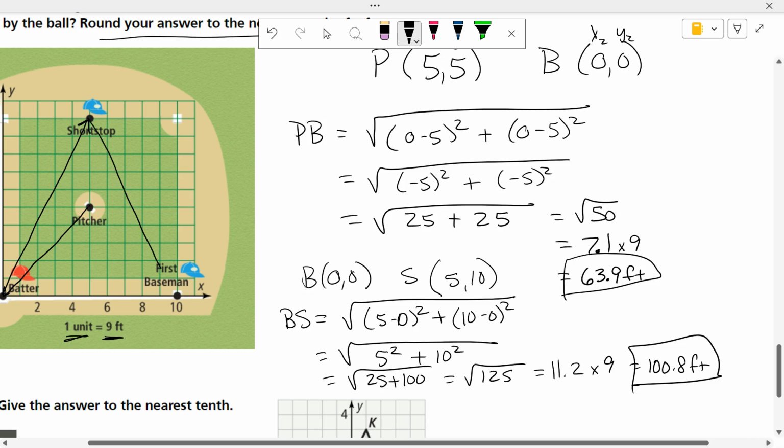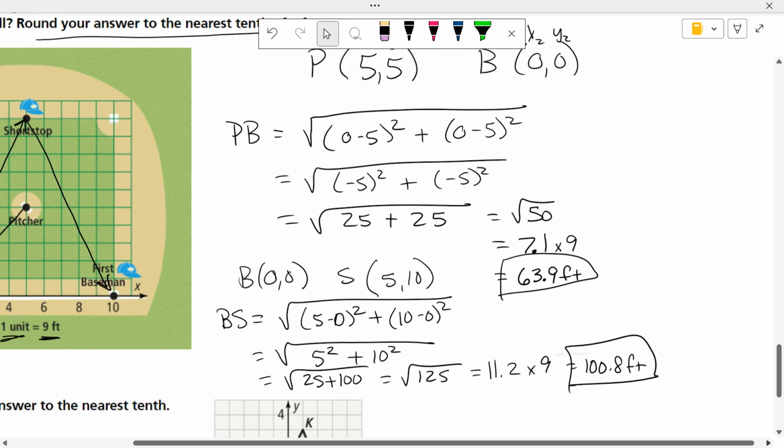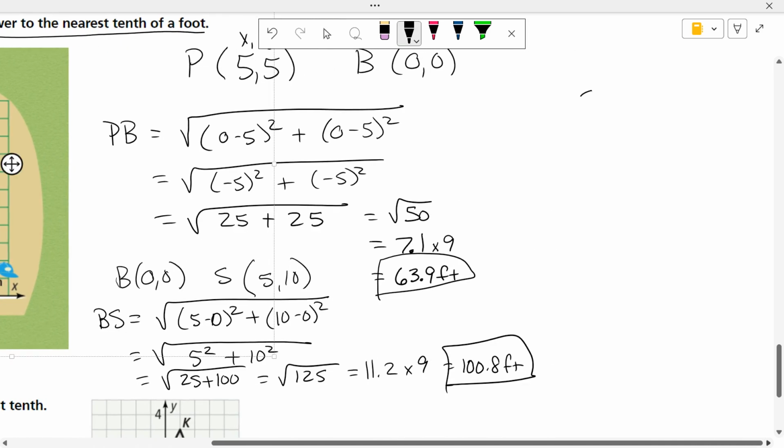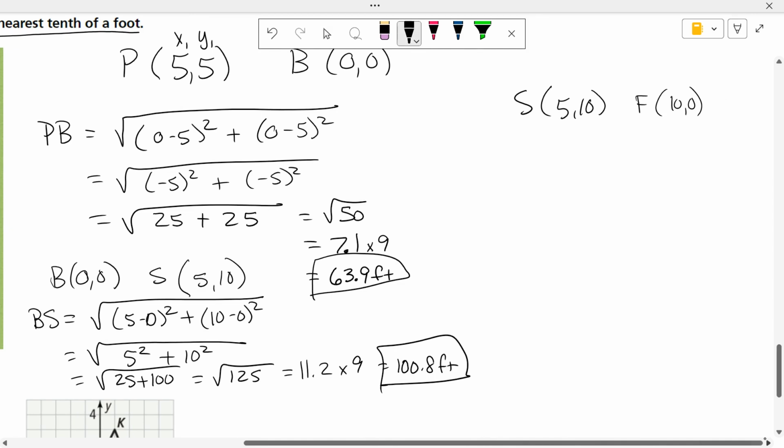Now the shortstop threw it to the first baseman. So the shortstop is at 5, 10. The first baseman is at 10, 0. Let's see how far the shortstop threw it to the first baseman. So S to F equals the square root of x2 minus x1 is 10 minus 5. y2 minus y1 is 0 minus 10.